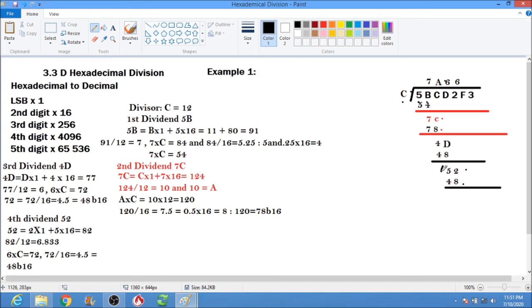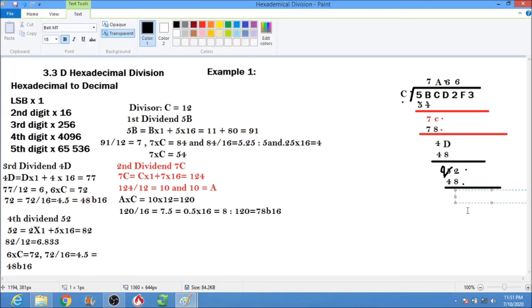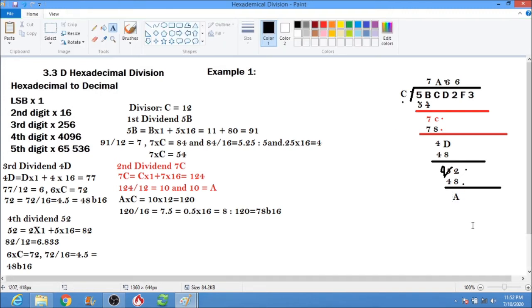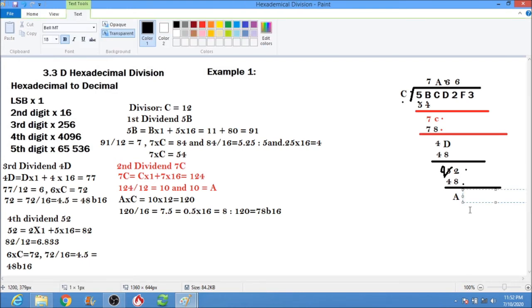So 5 will become 4, and 2 plus 16 is 18. So 18 minus 8 is 10, so our answer is 8. Then bring down F. So this will be F.